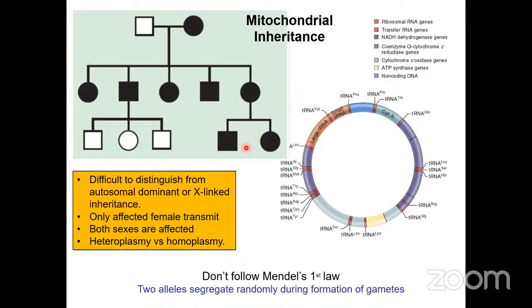Suppose if more mutant-gene-carrying mitochondria are there in that particular cell, then it will manifest, as compared to a smaller number of mutant genes. Similarly, it also depends on the tissue. For example, cardiac tissue has the highest number of mitochondria, so the chances of having the mutant gene are higher in that scenario.